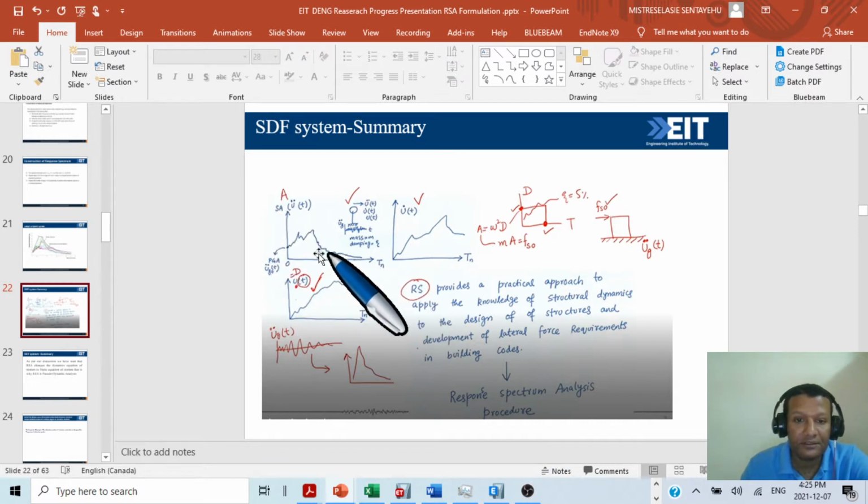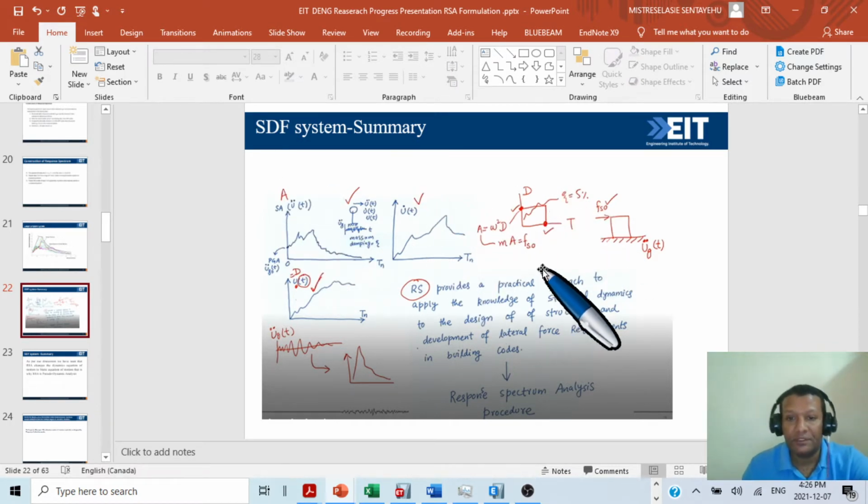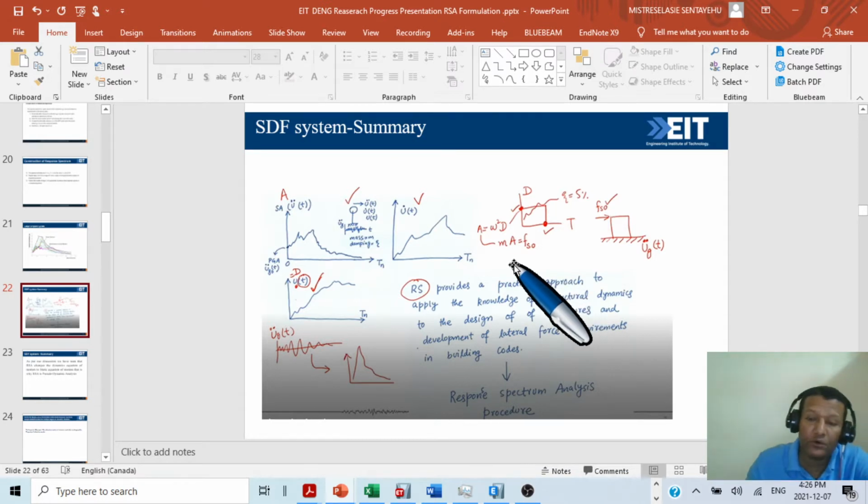Then we construct our u(t). After we generate our u(t), we can convert it into u dot D, and u dot(t) we can convert into spectral acceleration as well. The whole idea is the same.